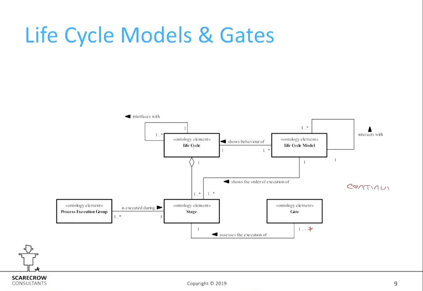So the decision might be to continue, and you move to the next stage. You might have redo. That might be redo the stage you're in, or actually go back even earlier and redo a previous stage and carry on. You could have suspend or hold, and that's when you're going to stop.